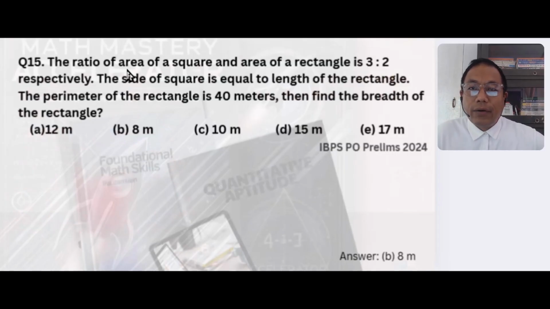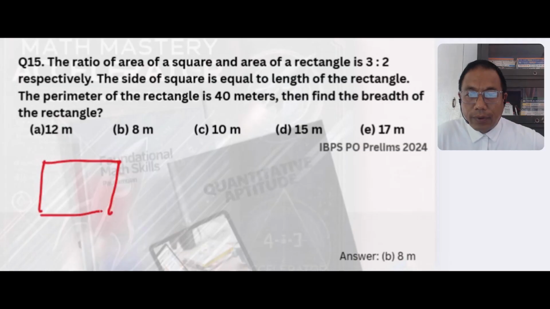Okay, question number 16. The ratio of area of square and area of rectangle. Square is bigger than rectangle. Square is length equal to breadth. The side of the square is equal to the length of rectangle. I'll call this x, this x, this is y.